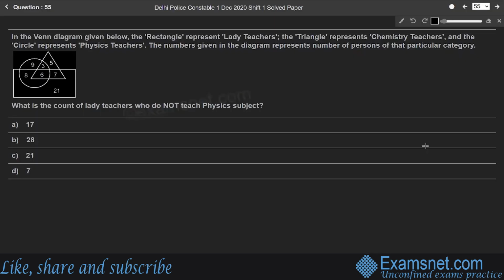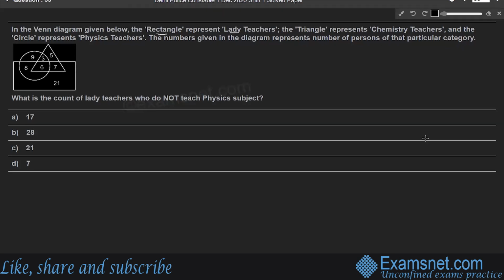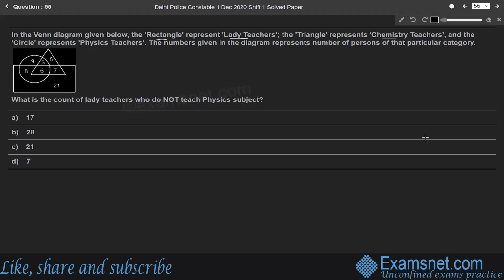Question 55. In the Venn diagram given below, the rectangle represents lady teachers, triangle represents chemistry teachers, and circle represents physics teachers. The numbers given in the diagram represent number of persons of that particular category. What is the count of lady teachers who do not teach physics subject?